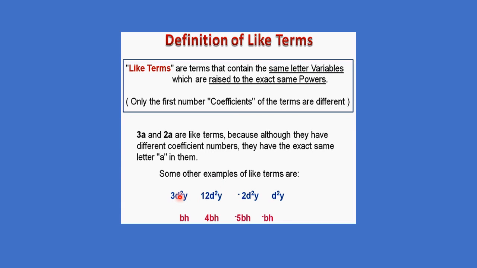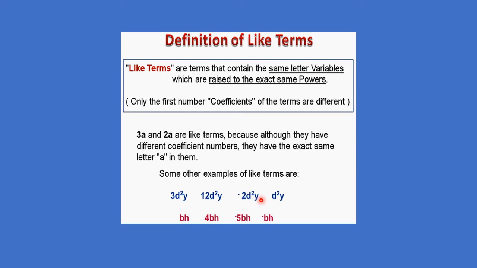So d squared y, they're the same, so they're considered like terms. Here you have a 3 in front of the d squared y. We have a 12 in front of the d squared y. Here we have a 2. That's actually minus 2, a negative 2, but it's still d squared y. So all of these are considered like terms.